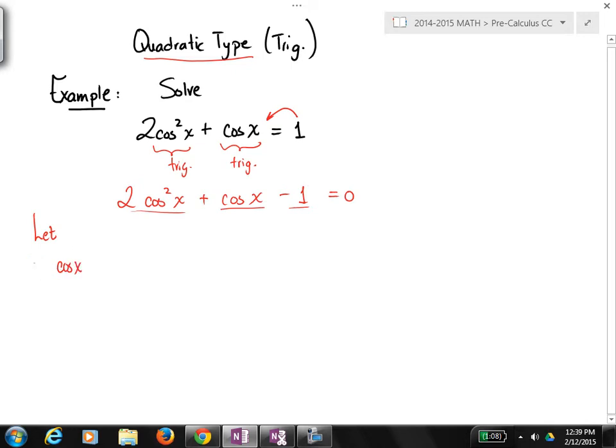The reason I'm doing this is so that you can see that it's going to become a quadratic equation. So it's going to be 2u squared plus u minus 1 equals 0. And this is a quadratic equation that we've done before.